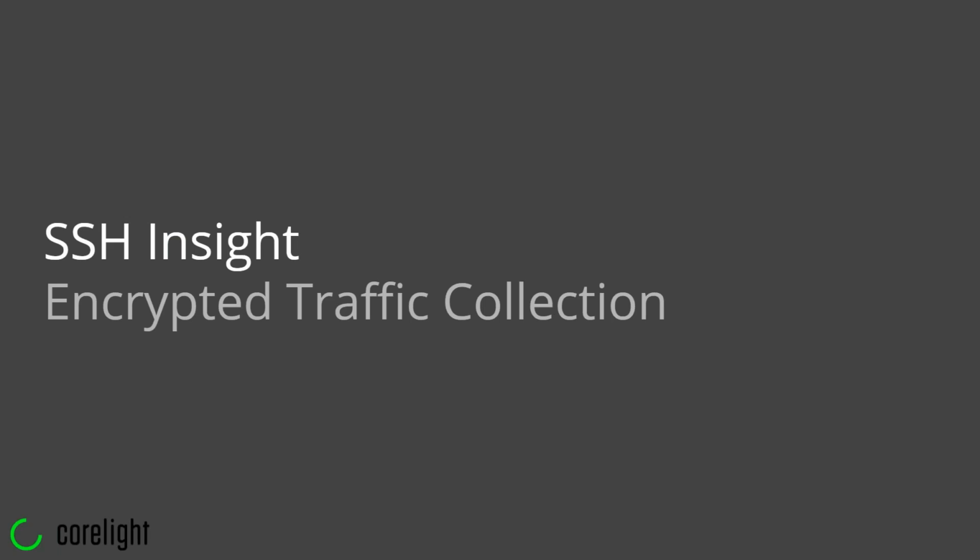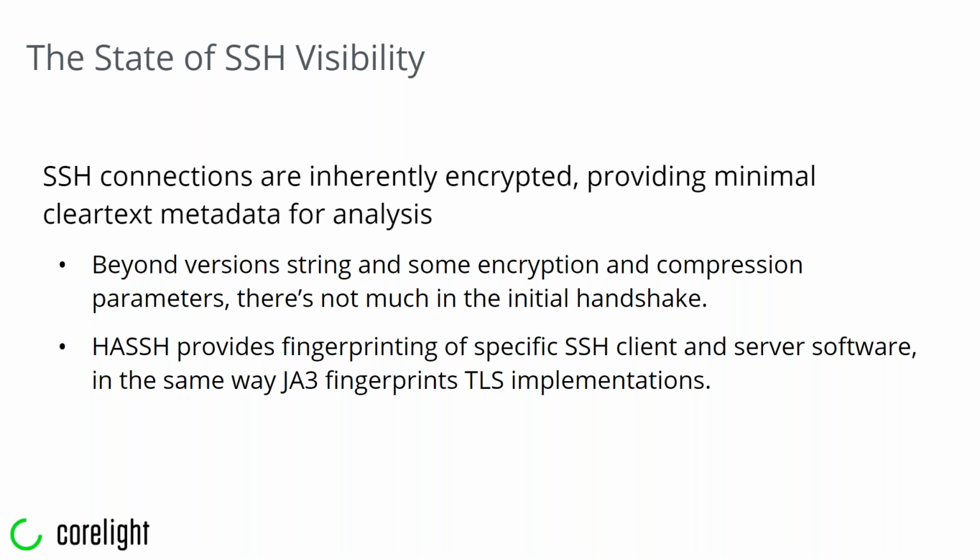But let me start off focusing on SSH. So if we think about SSH visibility today, you might be forgiven for thinking, well, SSH is inherently an encrypted protocol, and there's very little we can get out of it. And as of today, that might be understandable. Recognize that there are a few identifiers that are absolutely useful.